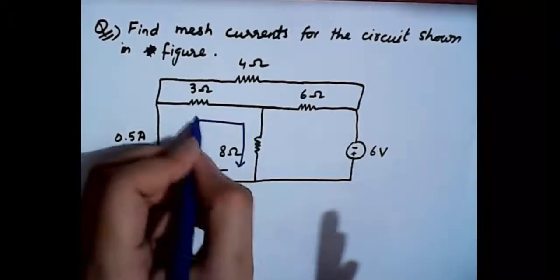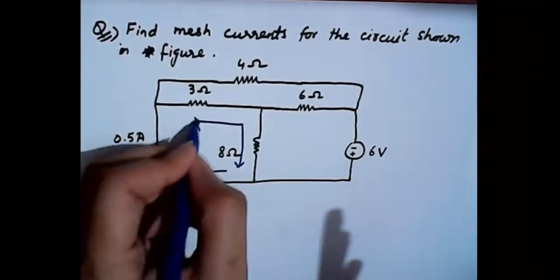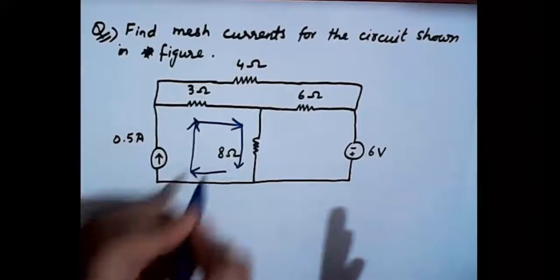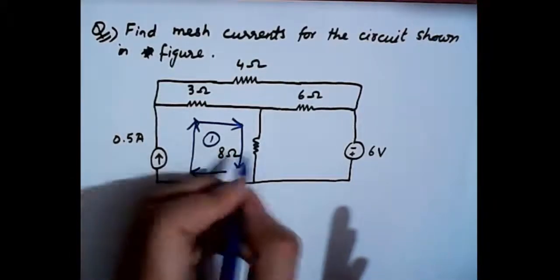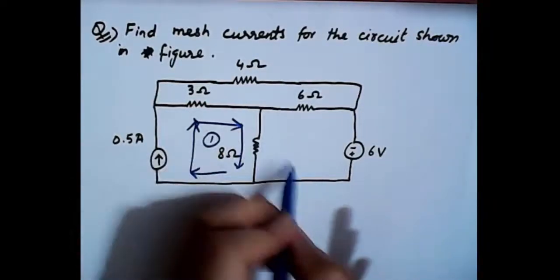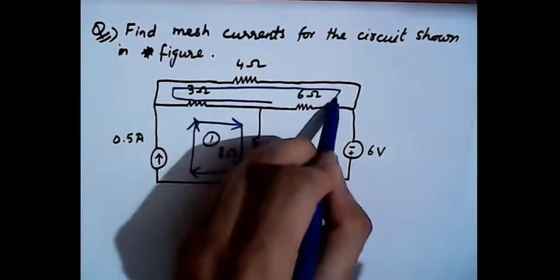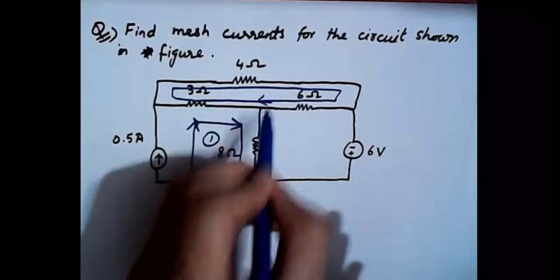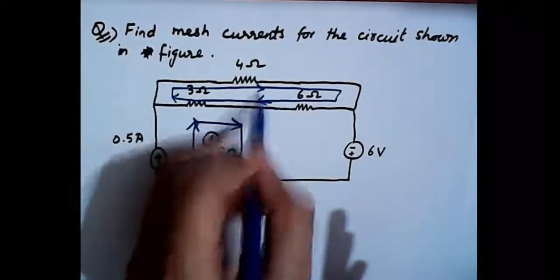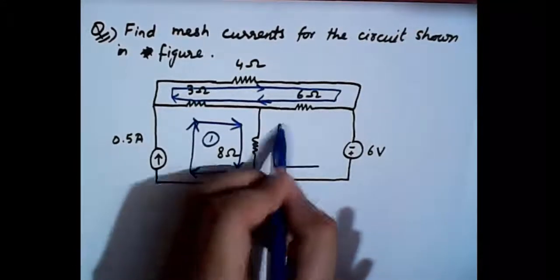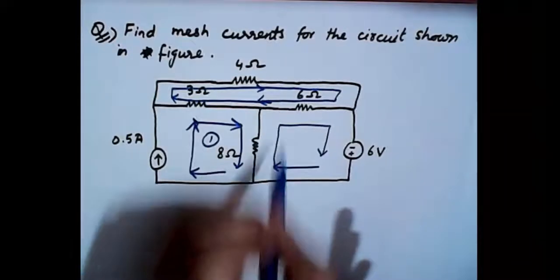So this is our loop number 1, and then we have loop number 2, and finally we have this loop number 3.